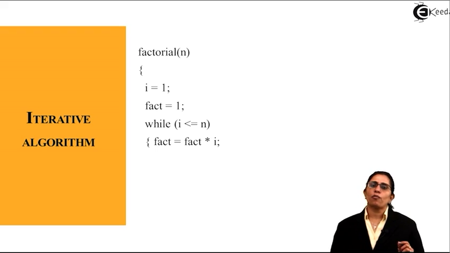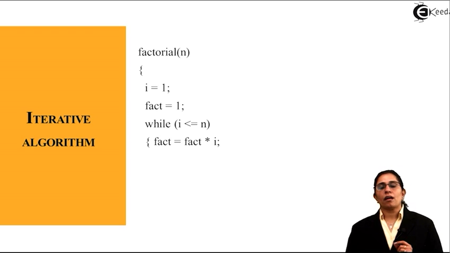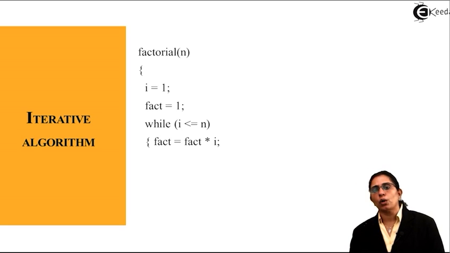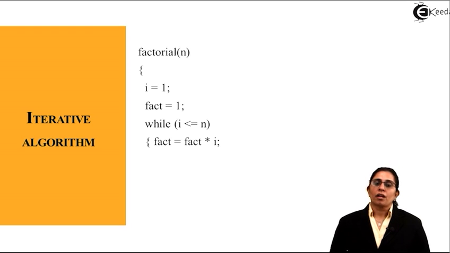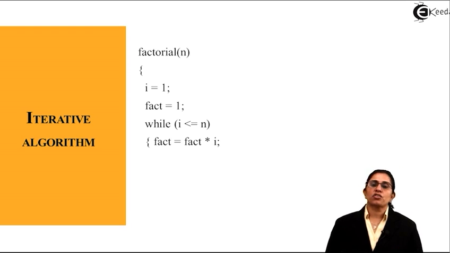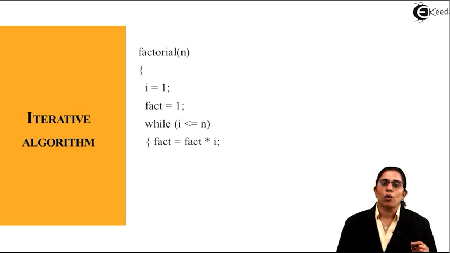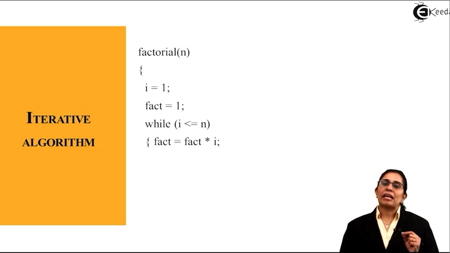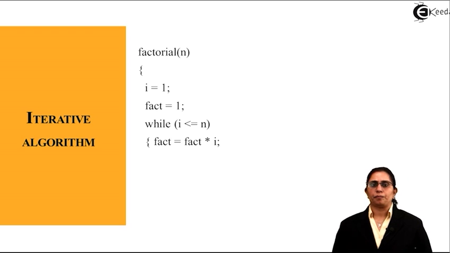If I take the value of n as 5, i is 1 and i is less than or equal to 5. fact is equal to fact into i. Now the value of fact we have initialized to 1. You will observe that I cannot initialize the value of fact to 0, because anything multiplied by 0 will result in 0. So remember that in the factorial program, the value of fact has to be initialized to 1.